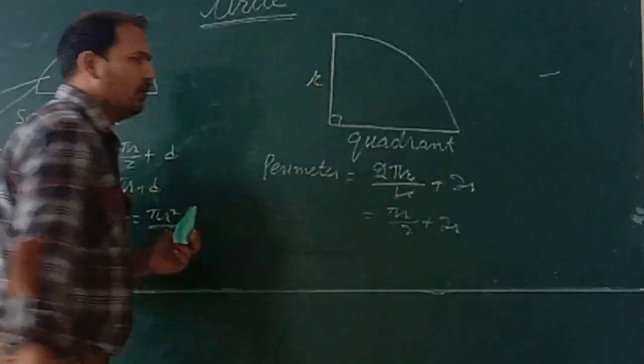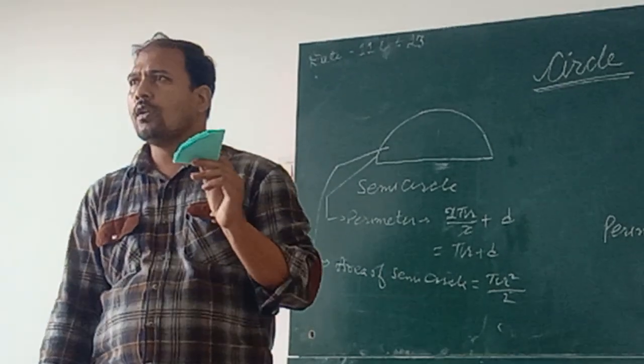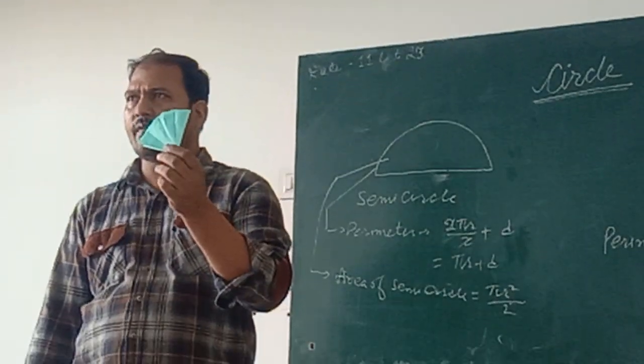That is the perimeter of the quadrant of a circle.